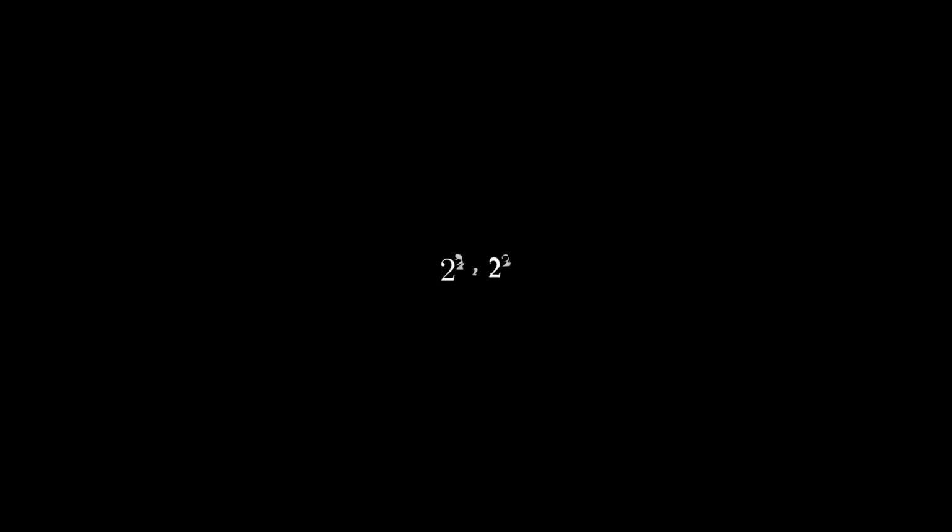Now, before we look at the algorithm, some key properties we have to know are the following. Whenever we multiply numbers with the same base raised to a power x and y, what's going to happen is that their powers are going to add together. So in the case of 3 to the power of 4 times 3 to the power of 5, the result will just be 3 to the power of 9.